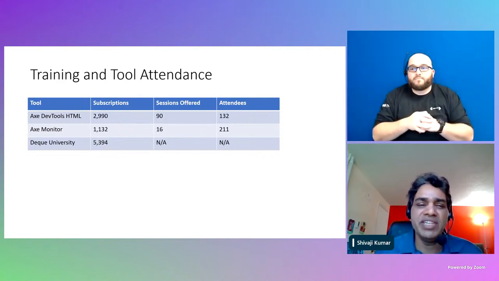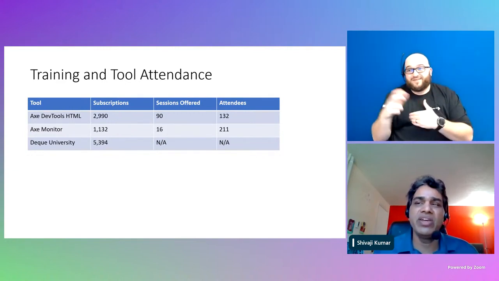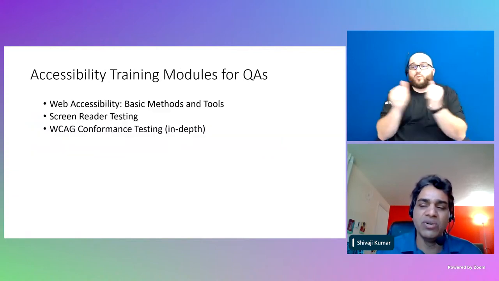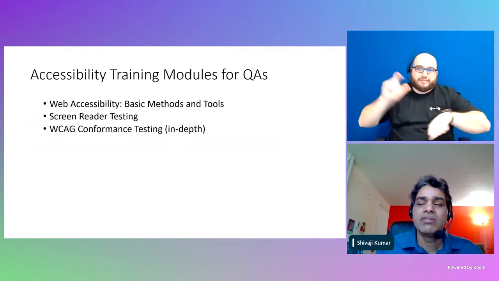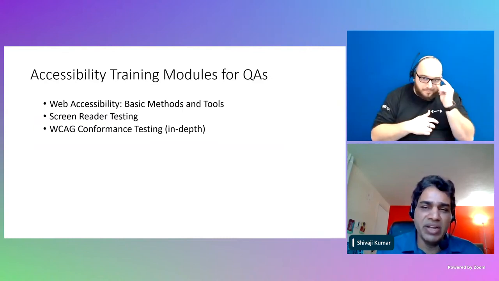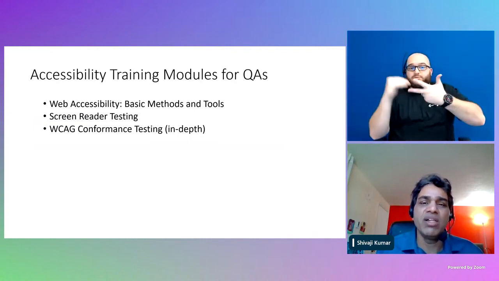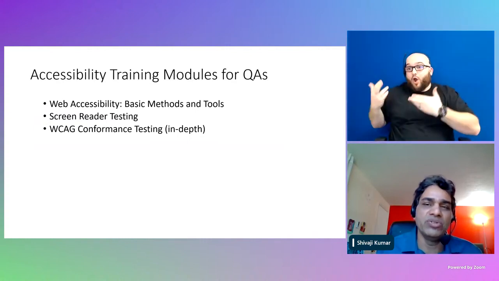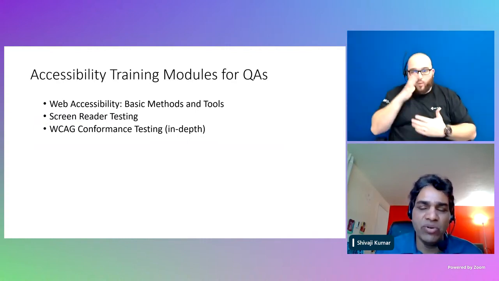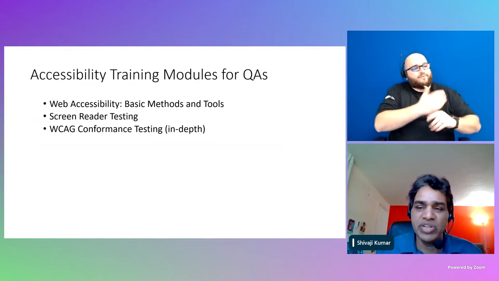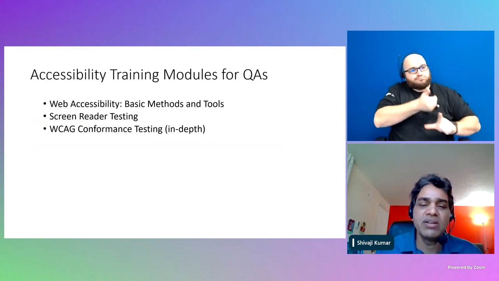I'm on slide 15 now, and we adopted a similar thing for QAs. We have a certain number of courses, modules recommended from DQ. People go through them at their own pace, and then we offer these live training sessions.